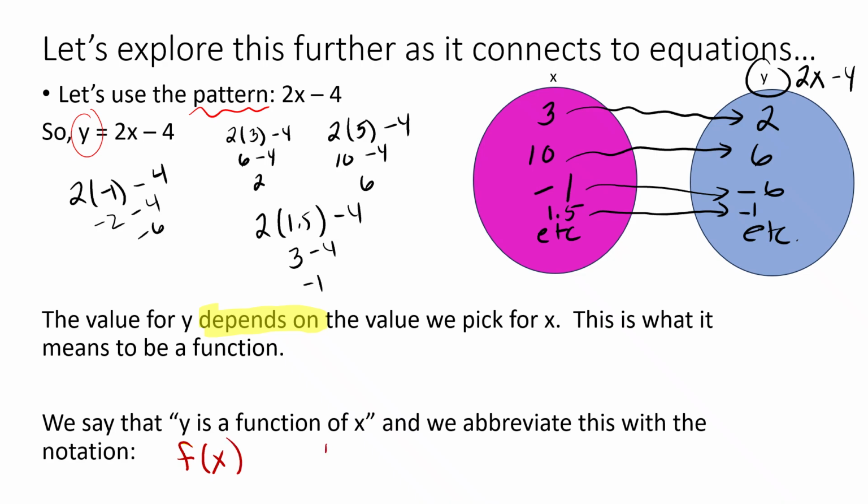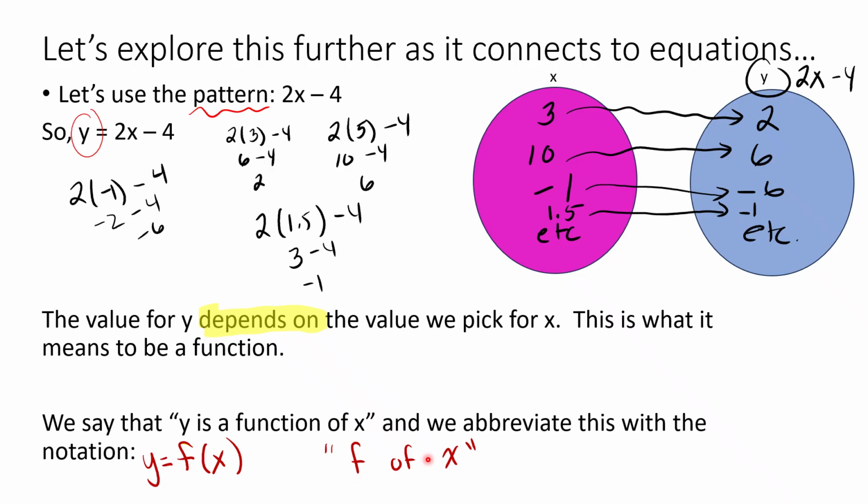And we read that f of x. It's an abbreviation for function of x. So y is a function of x. You might see this: y equals f of x, or y is a function of x.